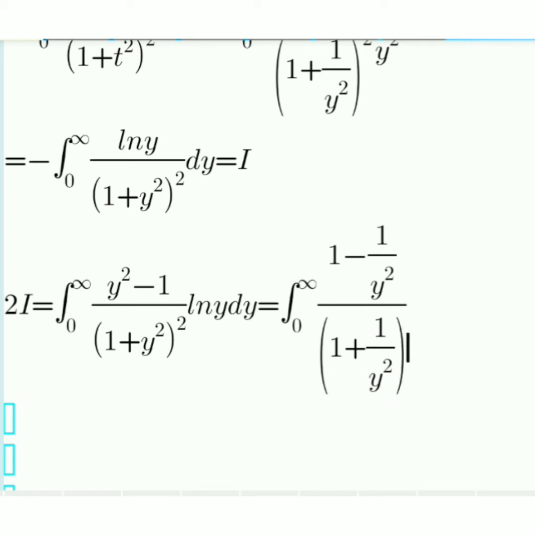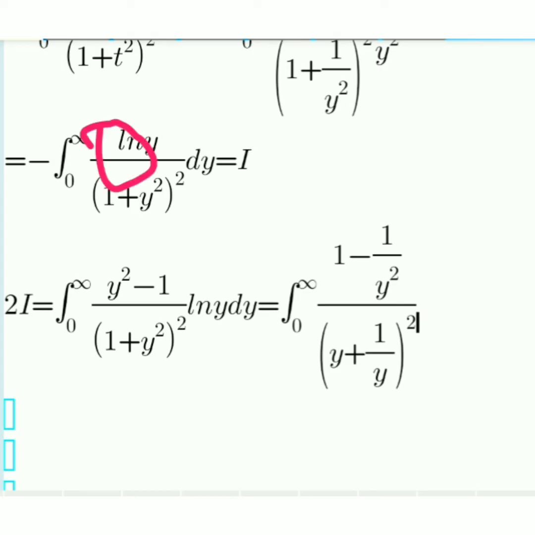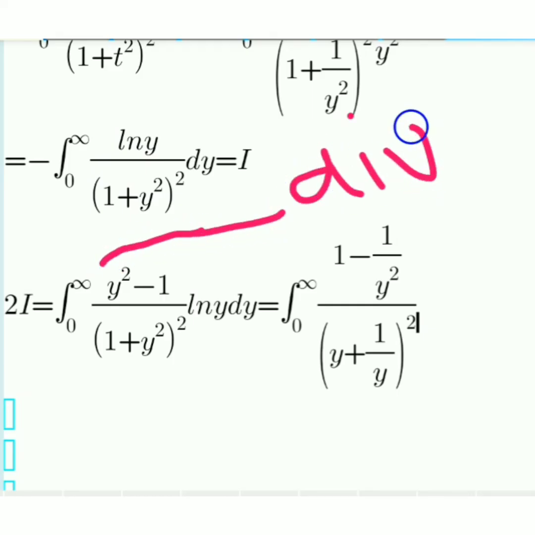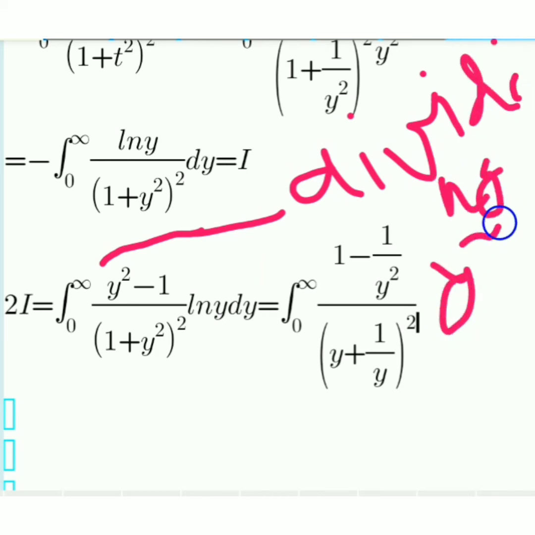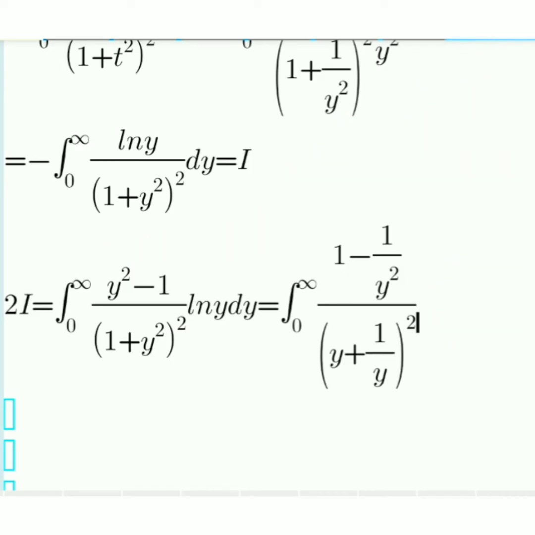I just divided by y square in both sides. So friends, I get this value.